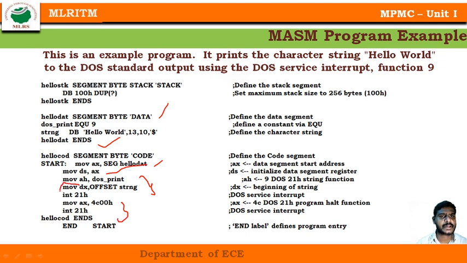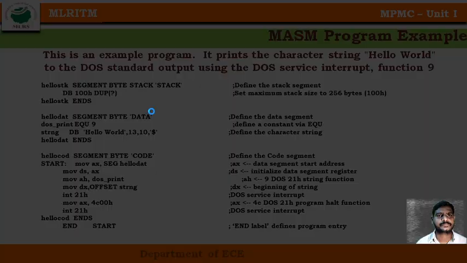To print a character, I use this command: MOV AH, DOS print, where DOS print is nothing but your character-print function, moving 09 into AH. Then it will execute and print the characters, and hello world will be printed.